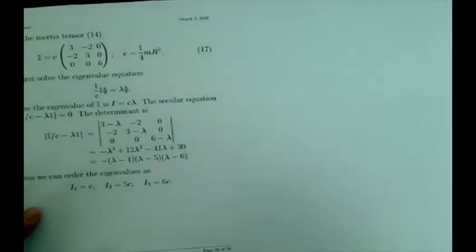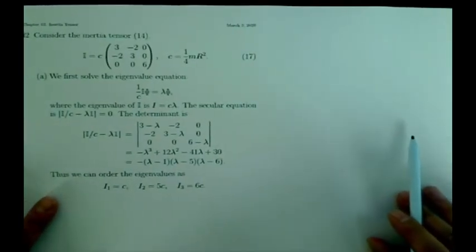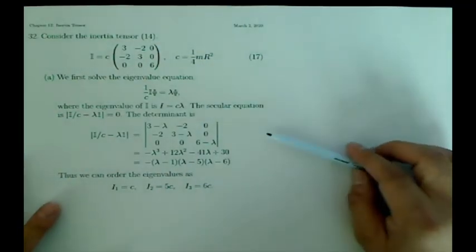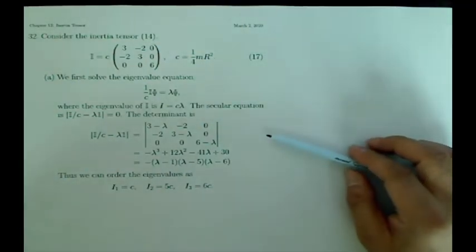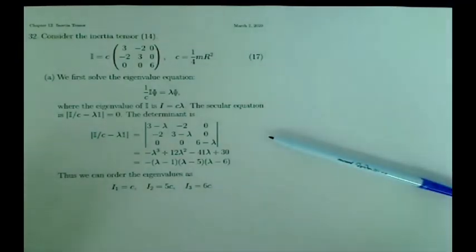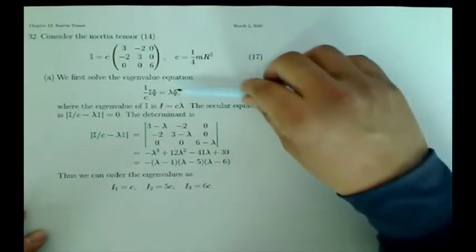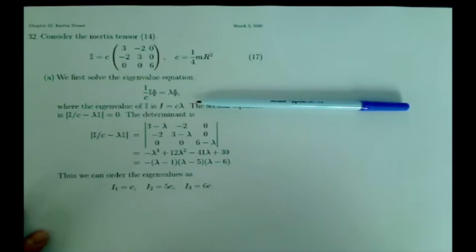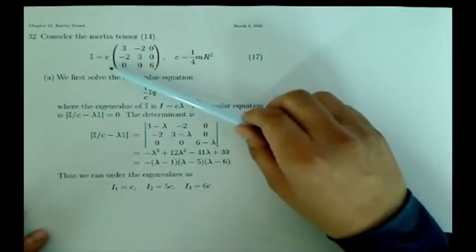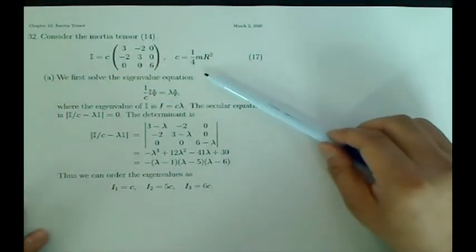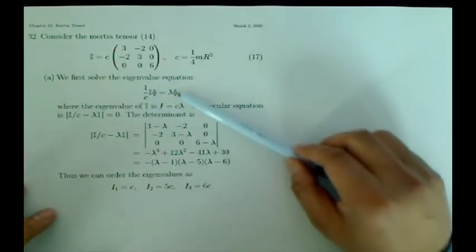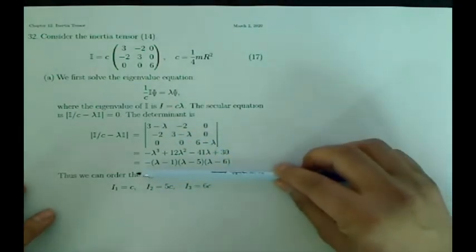We can apply the diagonalization method to the case that appears in the 14. And we go ahead with finding the eigenvalues and eigenvectors. If we pull out the overall factor 1/4 of mr squared, the eigenvalue equation is simplified into this form.